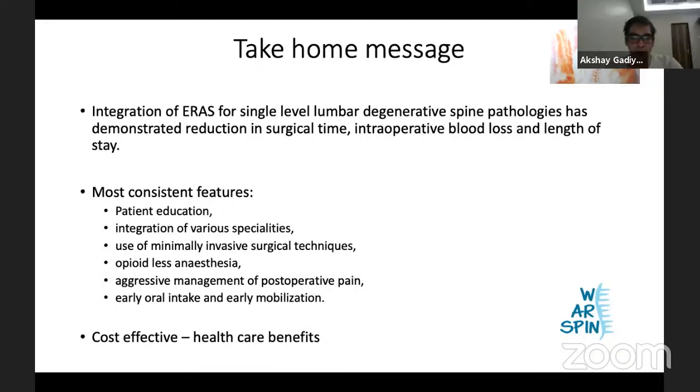Yes, of course. In another systematic review, I had an opportunity to do one more systematic review as well as meta-analysis for ERAS, and that was for patients undergoing posterior fusion in adolescent idiopathic scoliosis. In the entire literature, most of the studies were American, and there, the average length of stay was 3.1 days after posterior correction of adolescent idiopathic scoliosis.